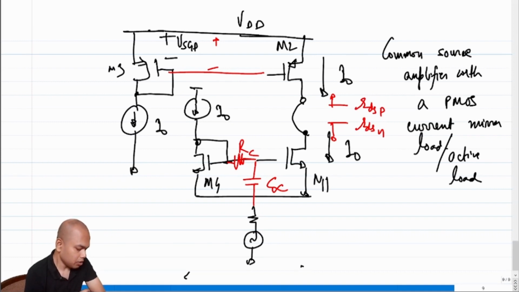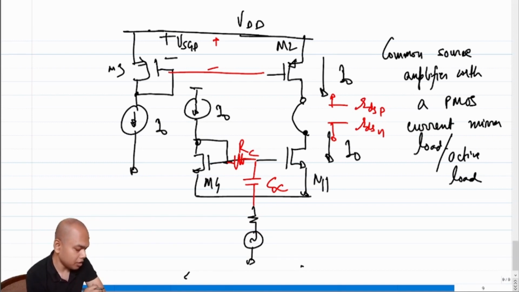Okay. So what I would request you now is to sketch the incremental equivalent of this entire model. Do it yourself. Basically, all you have to do is replace all four transistors with their incremental equivalent, assuming M1 and M2 are in saturation. That is not guaranteed.